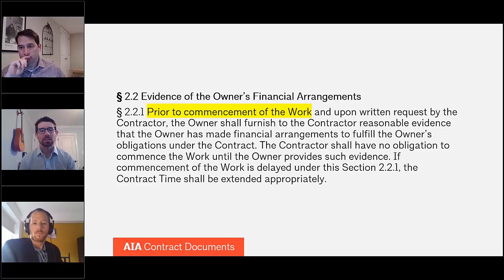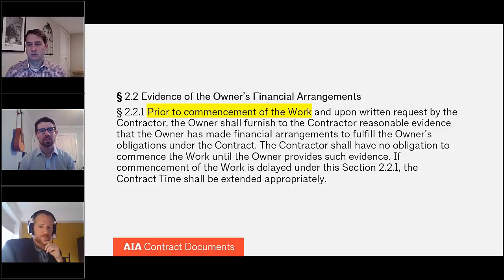But it's very difficult, and I would say potentially impossible, to be specific with respect to what would rise to the level of evidence sufficient to satisfy the contractor for every single project. If you're on maybe a single-family residential project, the contractor might require a different form of information versus a 50-story multifamily mixed-use high-rise.